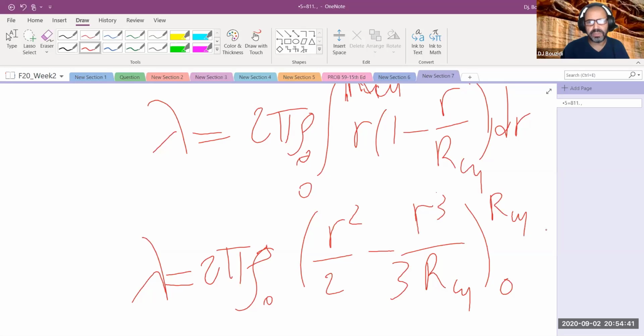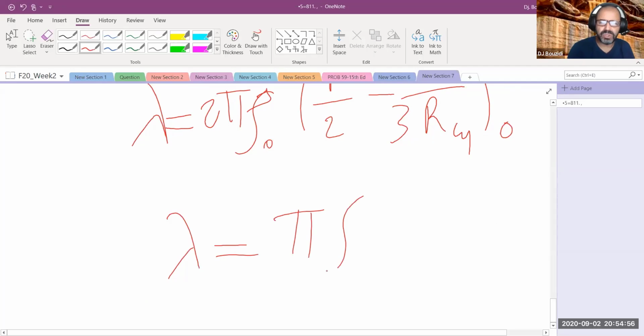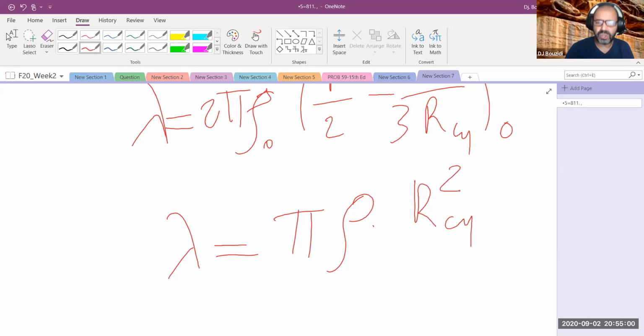Cancel one of the R cylinders, and you will be left with R cylinder squared over 3. And you will have 1/2 minus 1/3, which is 1/6, and 1/6 cancels the 2, so it should be pi times rho naught times R cylinder squared over 3. So that's the answer for lambda.